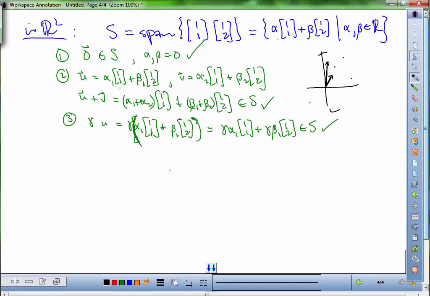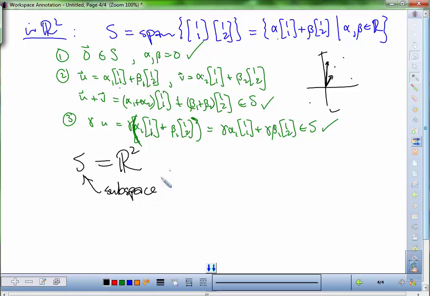So what can you say S is equal to? S is not only a subspace, but it actually is equal to R2. So we showed that it is a subspace, but it actually is equal to the whole thing.